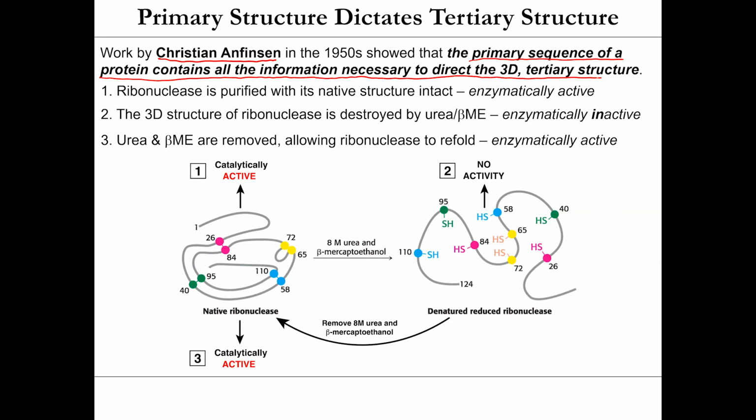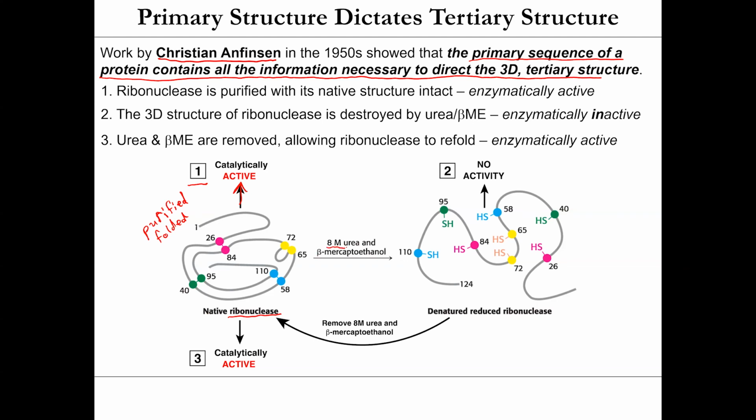So we'll go through that experiment very quickly. The first step of the experiment that they did was to take a protein called a ribonuclease, and they purified it with its native structure intact. So it was a purified, properly folded, in 3 dimensions ribonuclease, and it was catalytically active because it's properly folded.